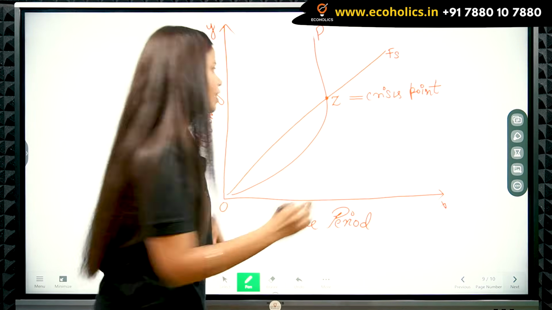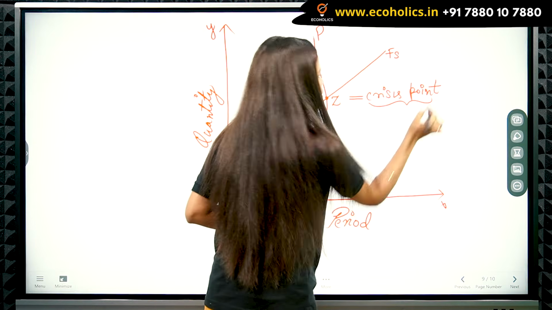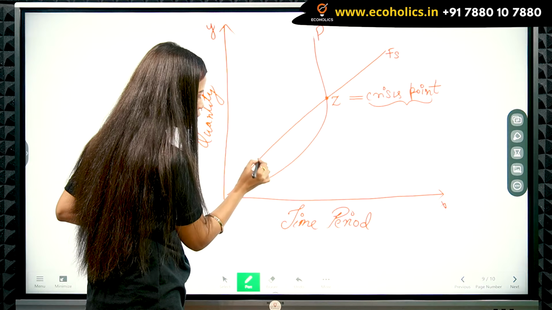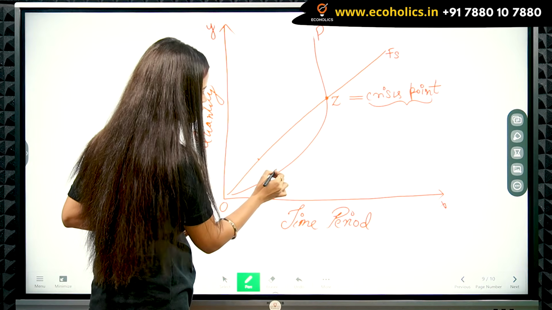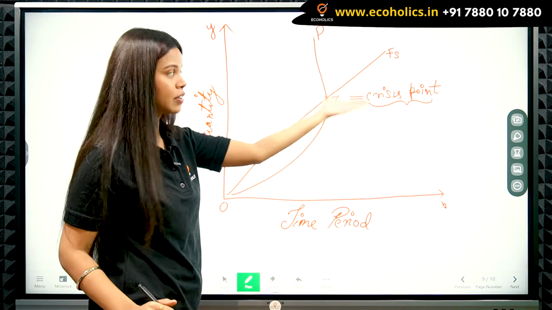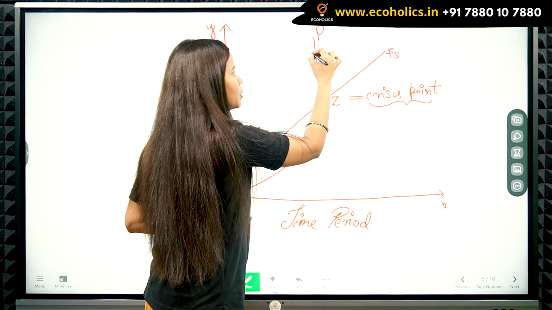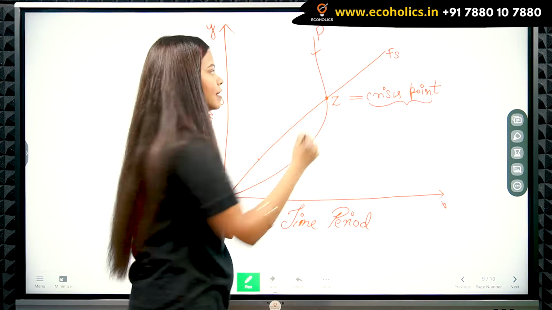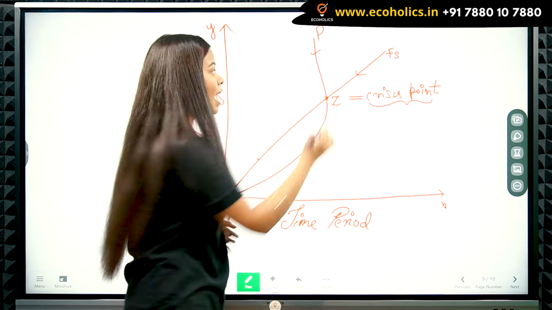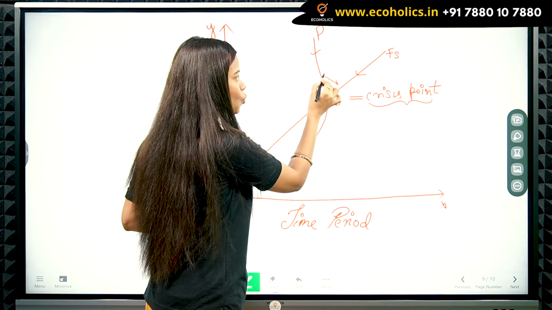Where these two lines meet is known as the crisis point. Below this point, we have more food supply compared to the population growth rate. And if we move above the crisis point, we have the population growth rate more compared to the food supply.